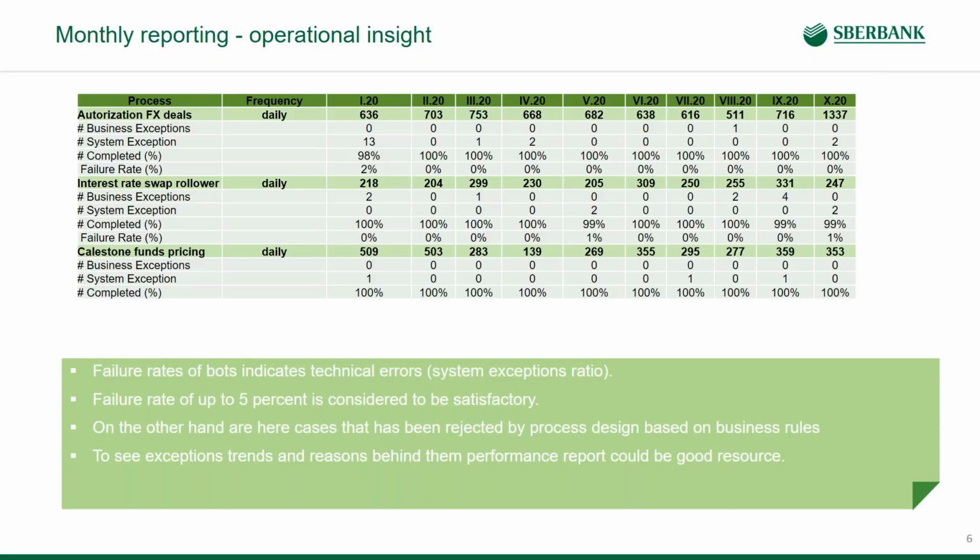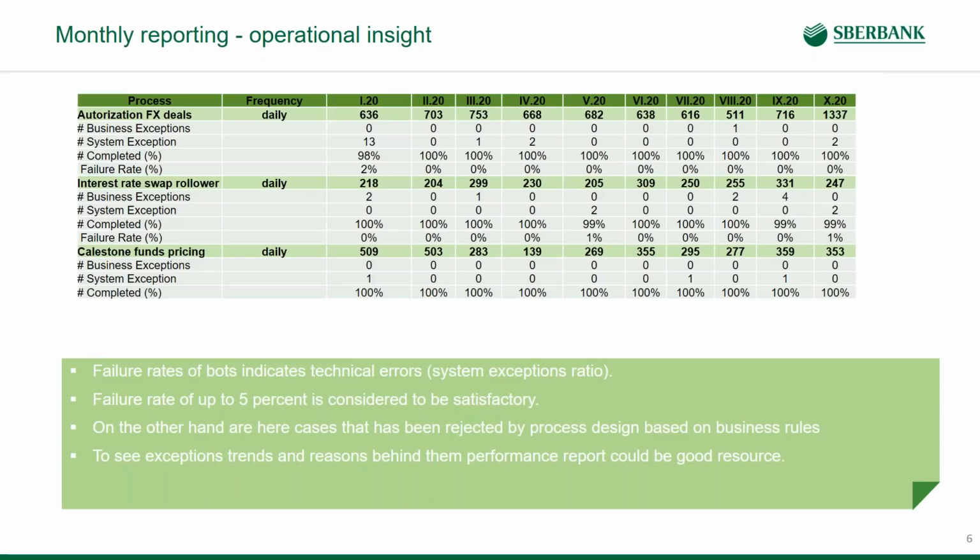It is only a part of it. What is monitored from our side are the situations when the bot passes work back to an employee. These are all cases that should have been completed but somehow did not due to some technical problems. I speak, of course, about the system exception rate.